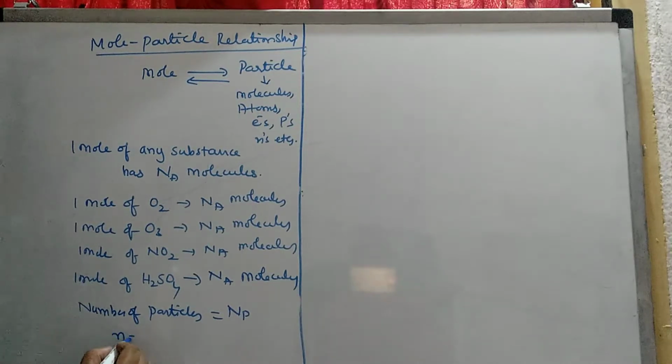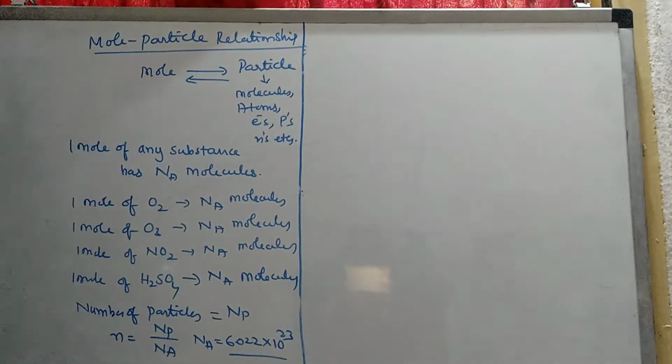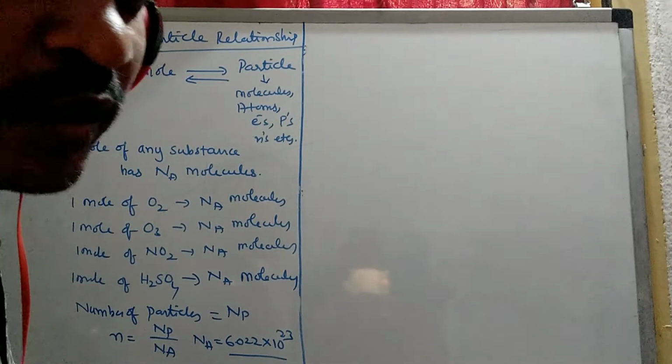So N is equal to Np by Na. I think you know that Na stands for Avogadro number, 6.022 into 10 power 23. This is a formula to calculate the number of moles when particles are given, or vice versa, to find the number of particles when the number of moles is given. You can correlate all.